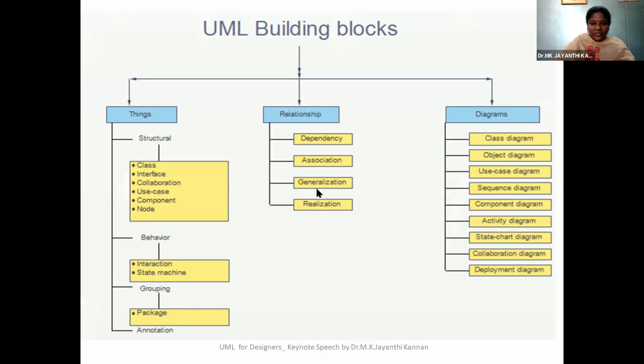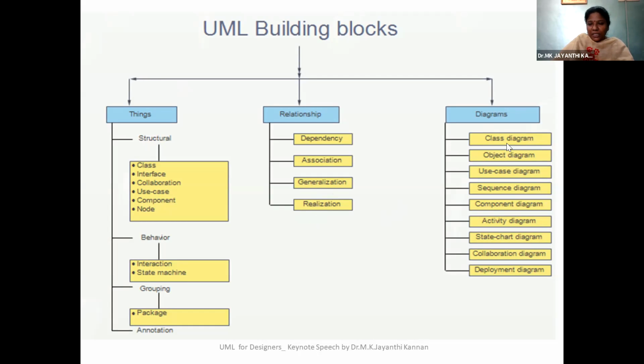Generalization, we know very well, is grouping of things. The various branded cars like Audi, Rolls-Royce or BMW all come under motor vehicle or car. The different brands all come under the same vehicle called car. And realization is also represented using its own notation.